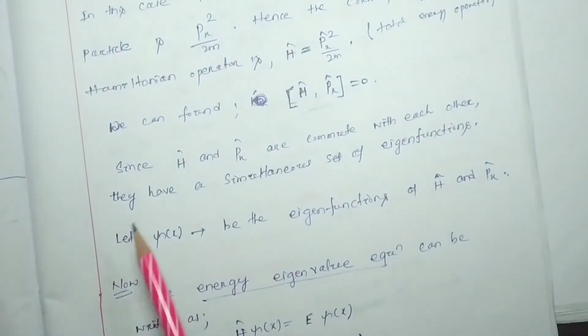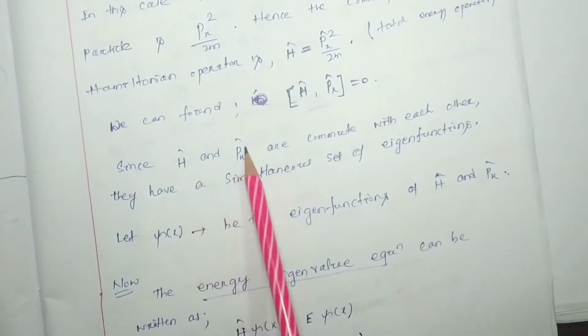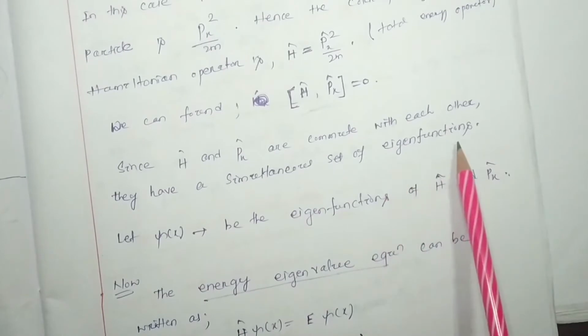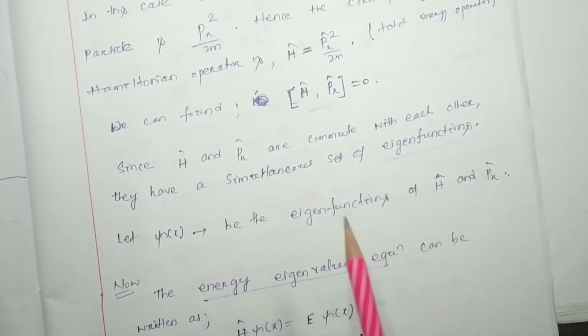Since H cap and px cap commute with each other, they have a simultaneous set of eigenfunctions.